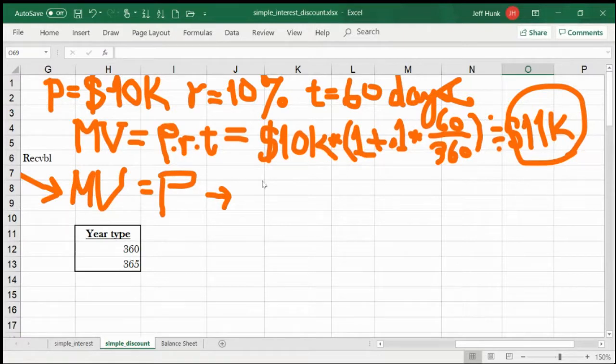In other words, the interest they take is 10% of 10K. But it's for 60 days. So, I mean, for 20 days. So actually, to calculate it, it's going to look like this.